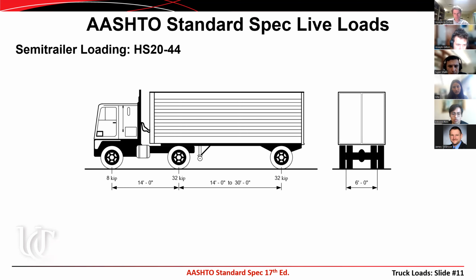It's basically a truck with axle loads of 8 kips for the front axle, 32 kips for the rear tractor axle, and 32 kips for the trailer axle, with axle spacings shown as 14 and anywhere between 14 and 30. Some of you haven't had bridge engineering, and some of you might not have covered this in your loads and systems class, so we need this definition in order to move forward.